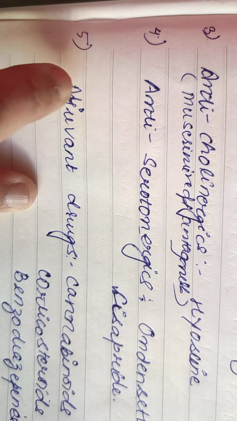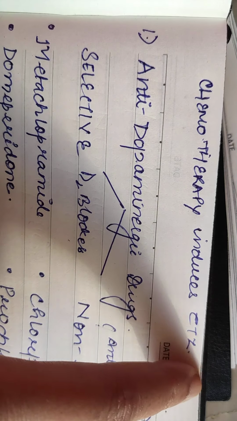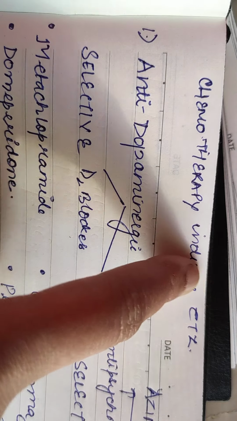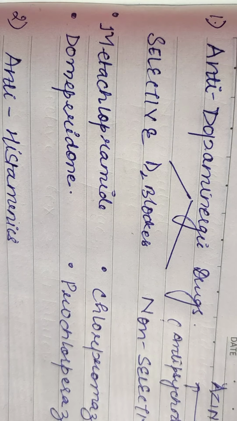One more thing I want to tell: during the chemotherapy which cancer patients undergo, they basically induce vomiting. Why does chemotherapy induce vomiting? This is because it acts on the chemoreceptor trigger zone, and so it leads to nausea and vomiting.